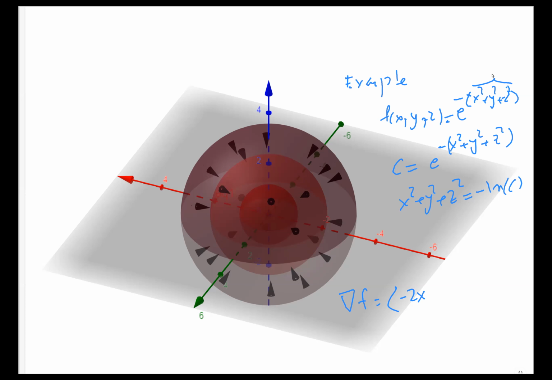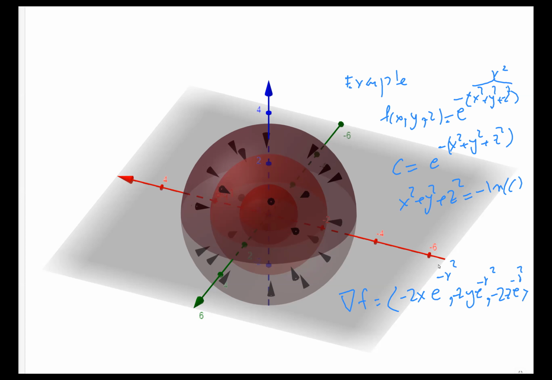And then the partial with respect to y is going to be negative 2y e to the power negative r squared. And the partial with respect to z is going to be negative 2z e to the power negative r squared.